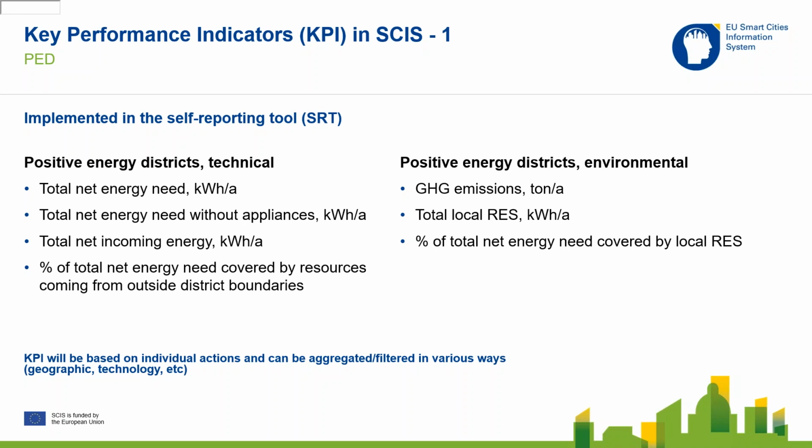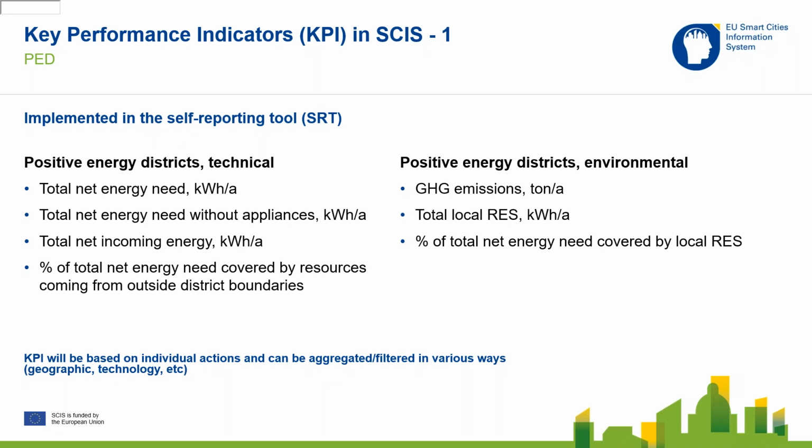So that is the energy balance. If the net incoming energy would be positive, so there is more coming in than going out, then it is not a positive energy district. If it is negative, then it would comply with the fact that it is positive energy.